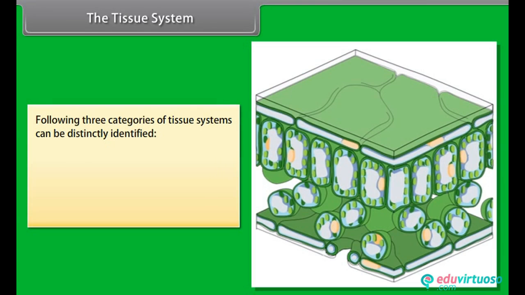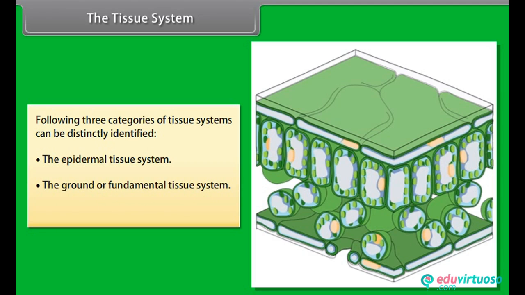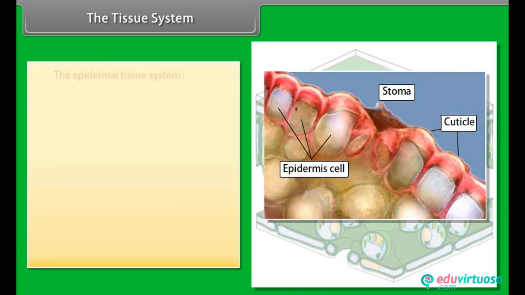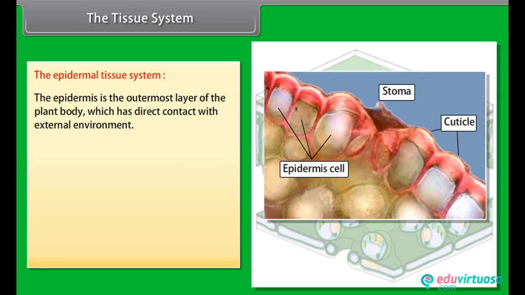The tissue system. The following three categories of tissue system can be distinctly identified: the epidermal tissue system, the ground or fundamental tissue system, and the vascular conducting tissue system. The epidermal tissue system. The epidermis is the outermost layer of the plant body, which has direct contact with the external environment.